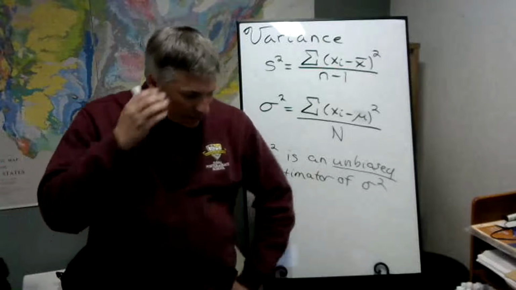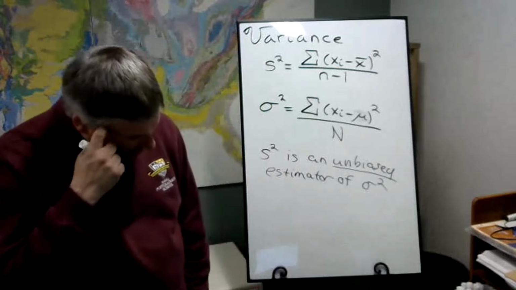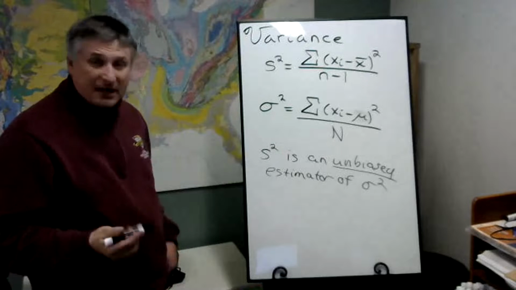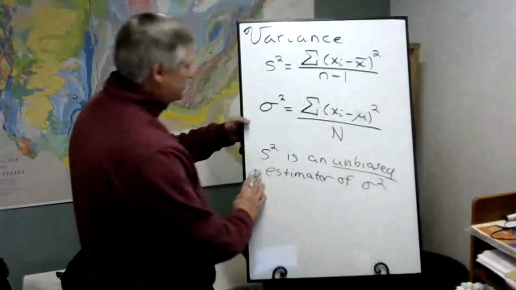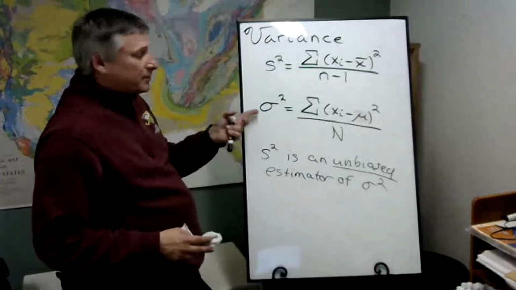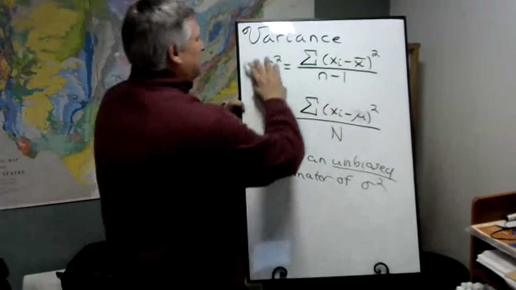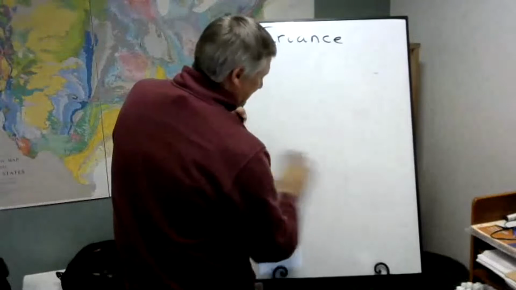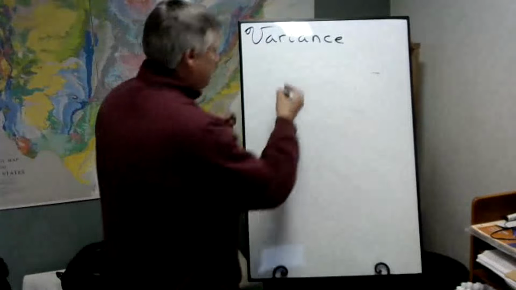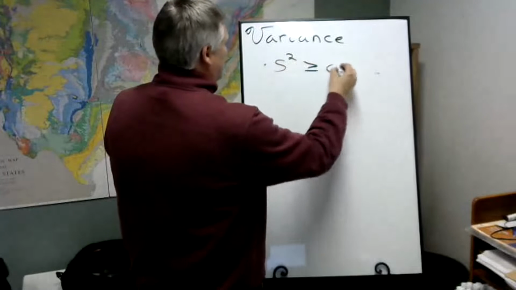Now, the issue the text mentions is the same thing that comes up with the standard deviation. Just some things about variance. We represent variance as s squared or sigma squared, sigma squared if we're talking about population, s squared for sample. Some little facts about it: similar to standard deviation, s squared is greater than or equal to 0.